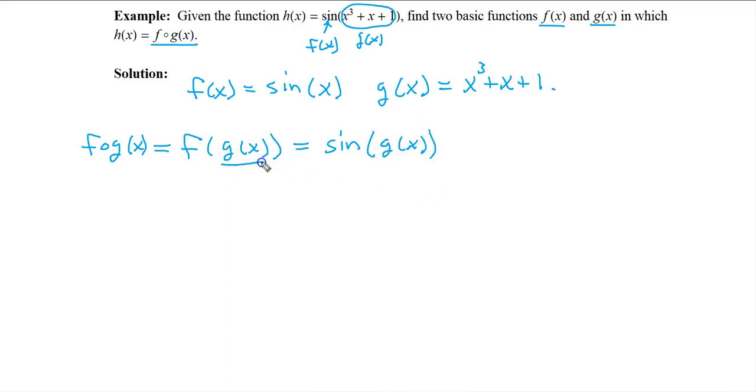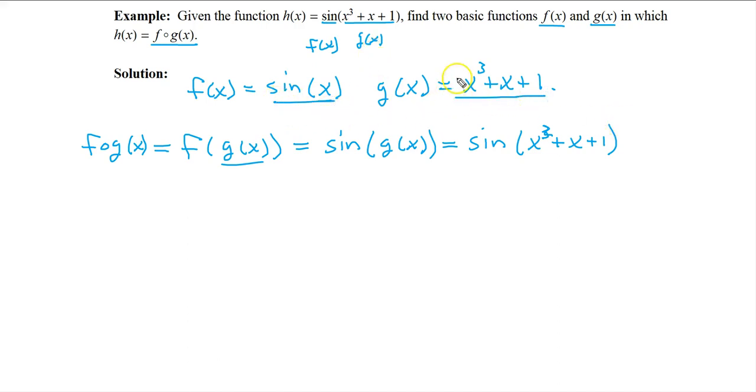We put this g in place of the x right here. And that's what we wanted. So if we're given this function here, if we pick the g to be what's inside the parentheses and the f to be what's outside, then f composed with g will give us back our original function.